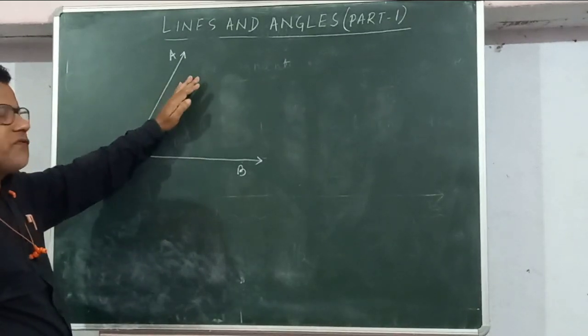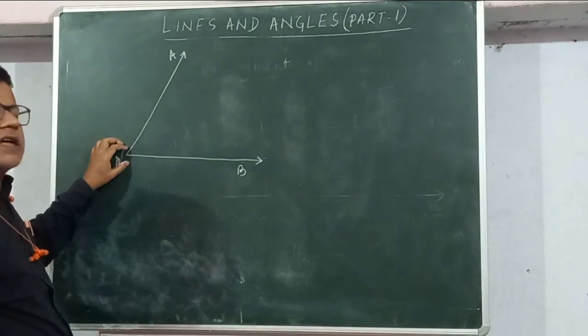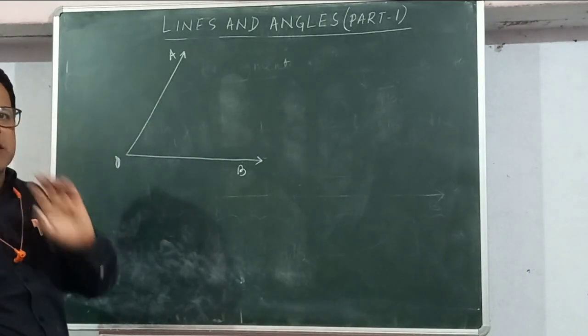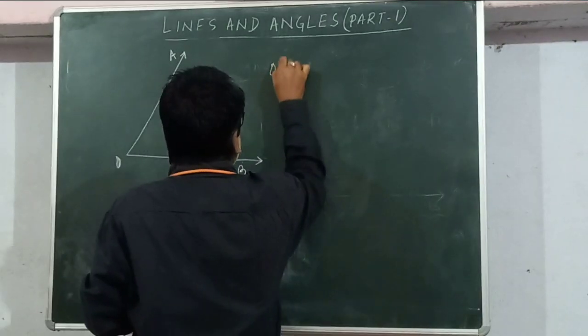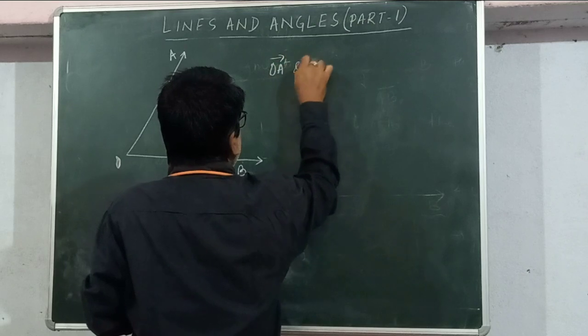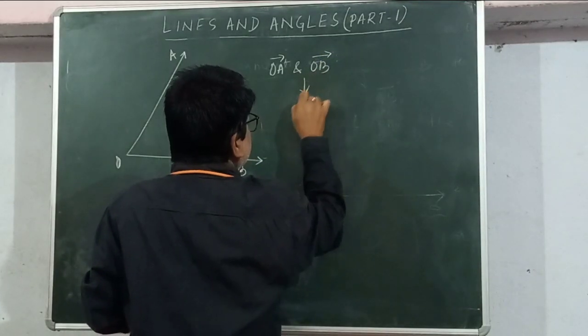So, a geometrical figure obtained by two rays having a common endpoint is known as an angle. Suppose here in the figure OA and OB are two rays having a common endpoint.